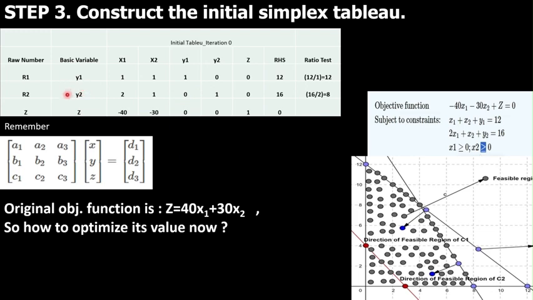Similarly, for y2, the intersection of y2 row and y2 column is 1. Other values are 0. The same must be done here for the column of x1. This cell is the intersection between the pivot column and the pivot row, and this must be 1 because we will list x1 here. So this must be 1, and this one must be 0, and this one must be 0.